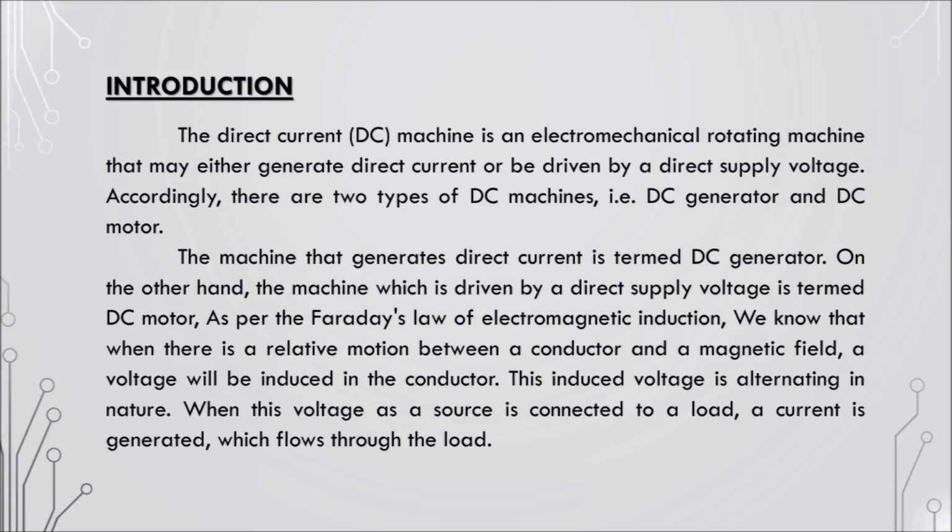When it converts mechanical energy into electrical energy, it is called a generator. And when electrical energy is converted into mechanical energy, it is called a motor. In either case, it is a converter of energy and not a producer of it.